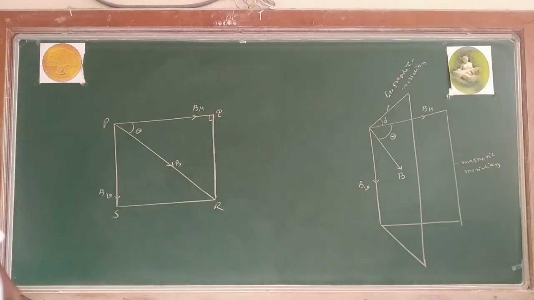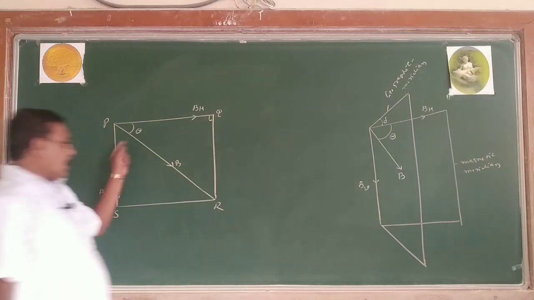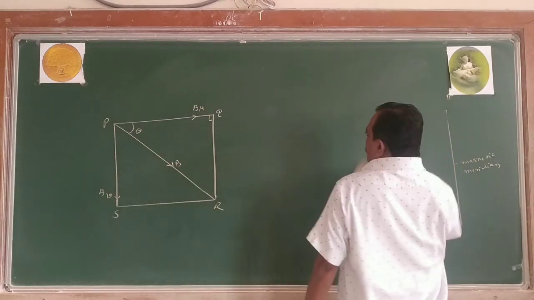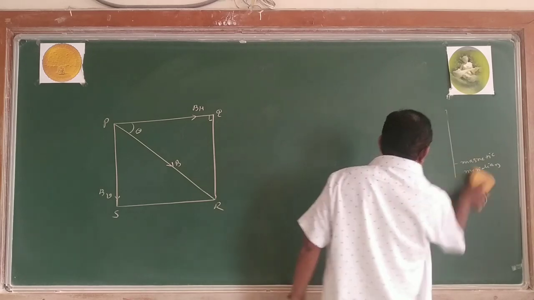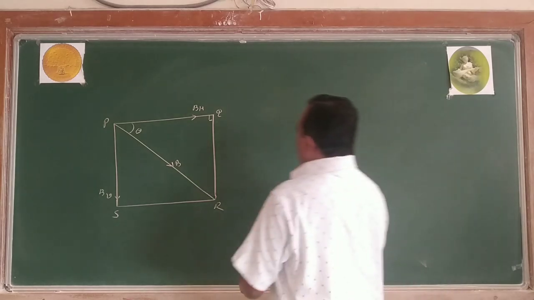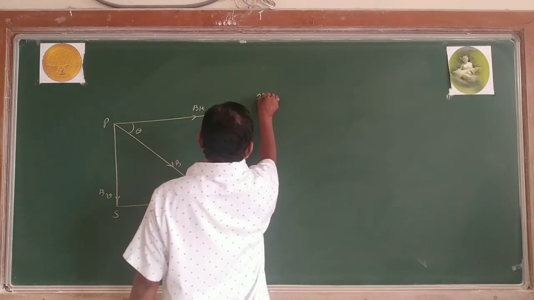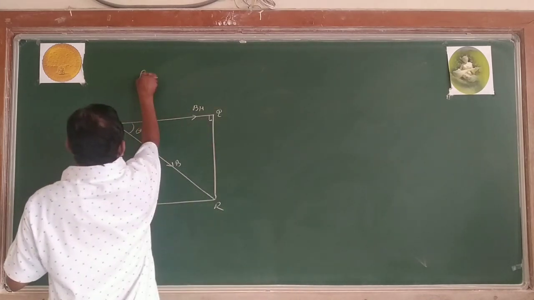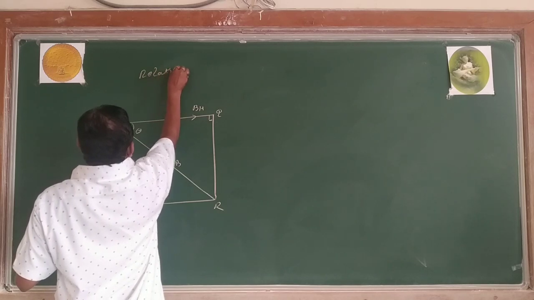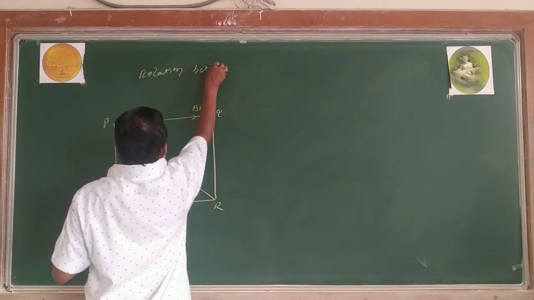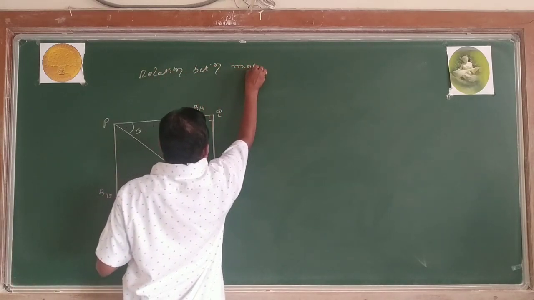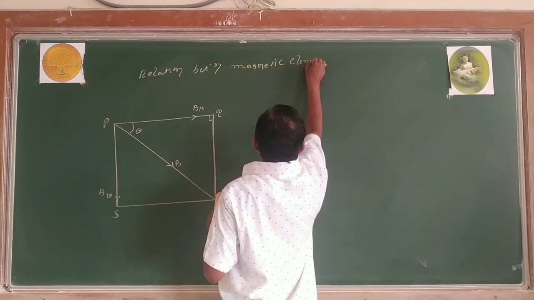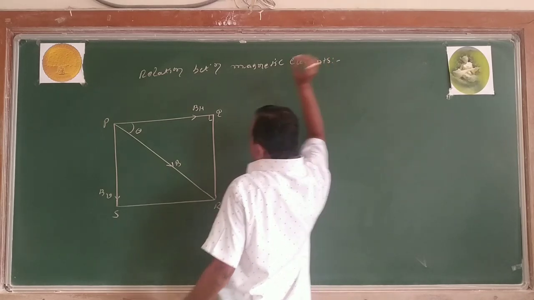Then I take either of the triangles. Relation between magnetic elements. Right.